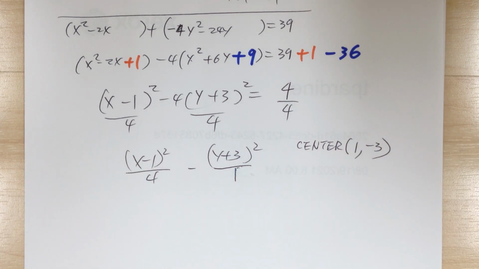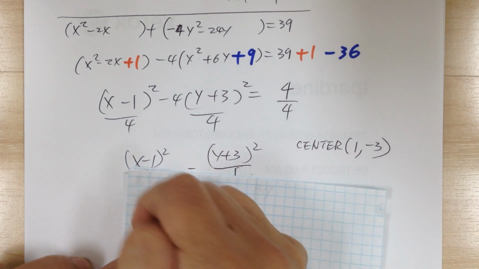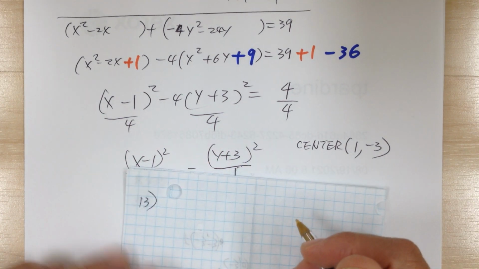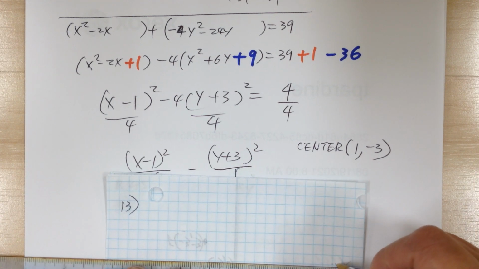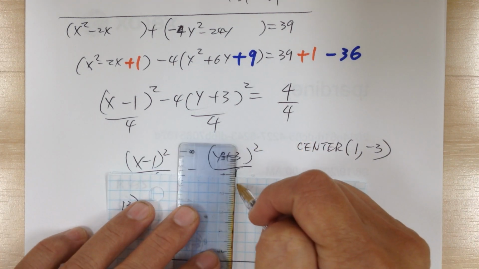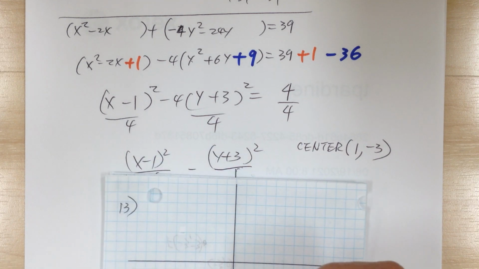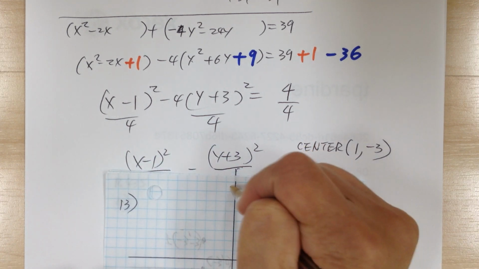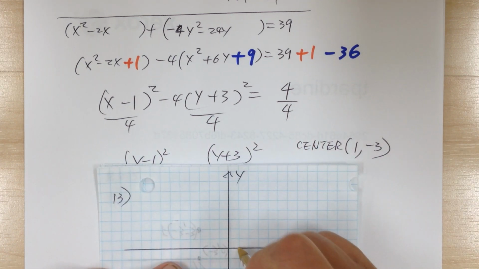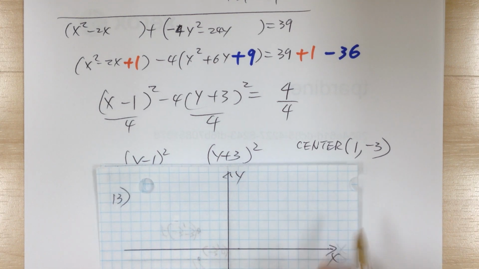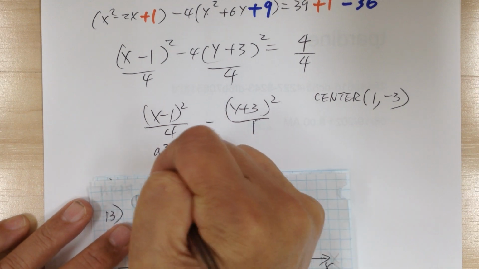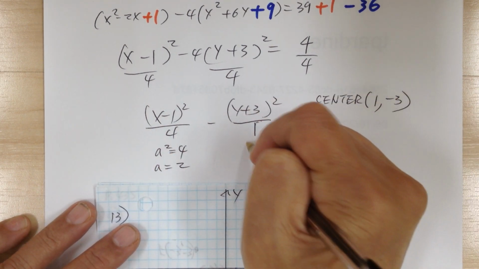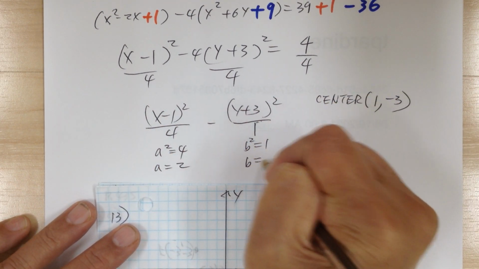Okay, so let's go and graph it out. So for number 13, center is at 1, negative 3. And from here you got a squared equal to 4, so a equal to 2, and b squared equal to 1, so b equal to 1.